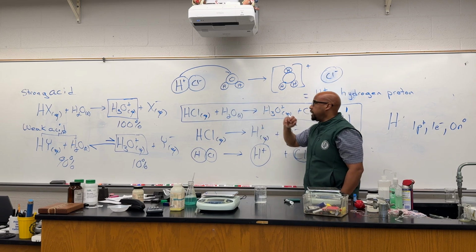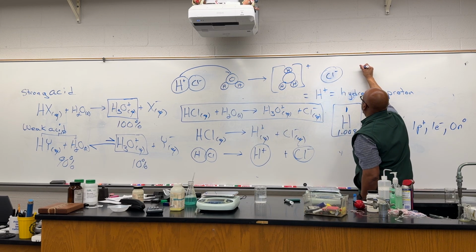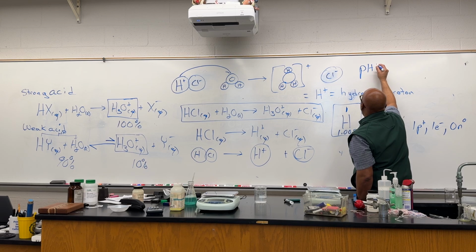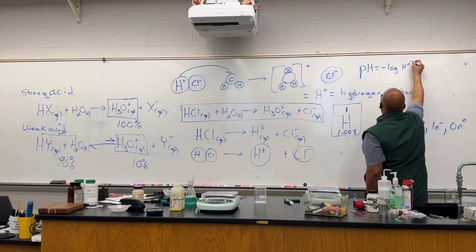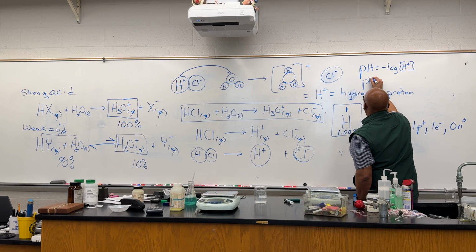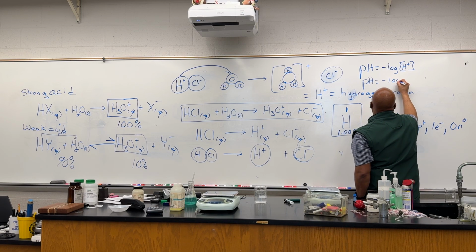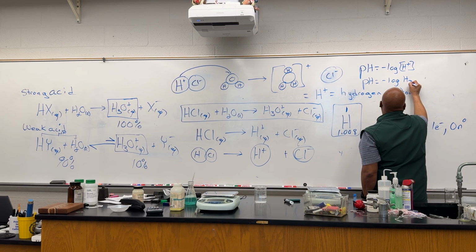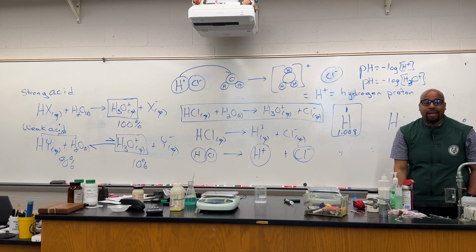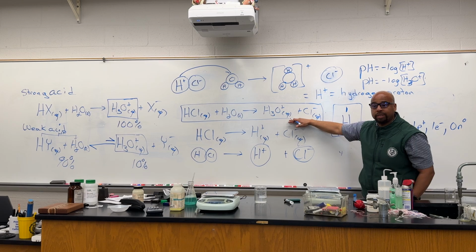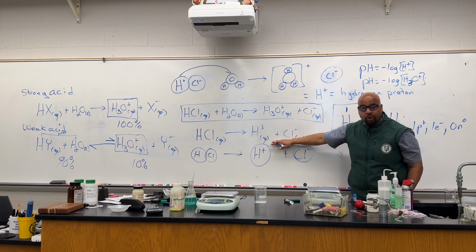One of the things that you'll see, don't write this part down, but eventually we'll calculate the pH. We'll say, hey, the pH is equal to the negative log of H+. Or we'll say the pH is equal to the negative log of the H3O+. They're the exact same thing. I don't care if you go this way, in which you treat the acid, or whether you go this way where you treat the acid.